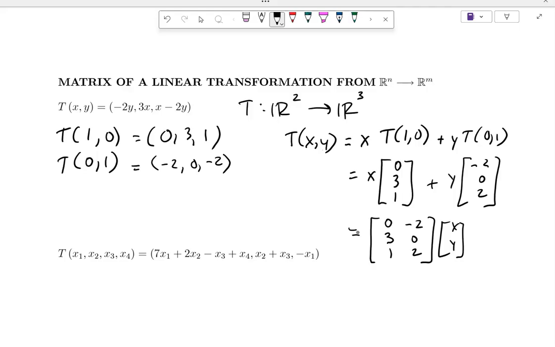I'll get negative 2y for the first component. I'll get 3x for the second component. I get 1x plus 2y, right? Where am I still going? In the y column, the last. Oh, it's a negative 2. Sorry. Yep. There we go. Now I get the same thing. Okay.